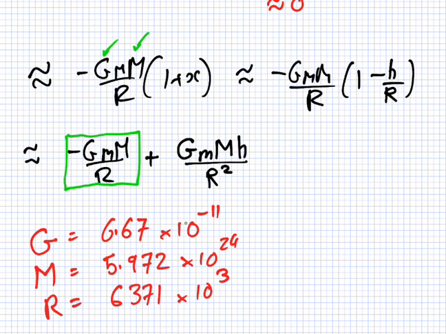Don't put in the small m. I just mean the G, big M, and R, and that would be multiplied with small m.